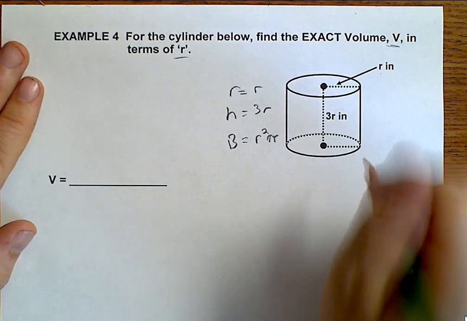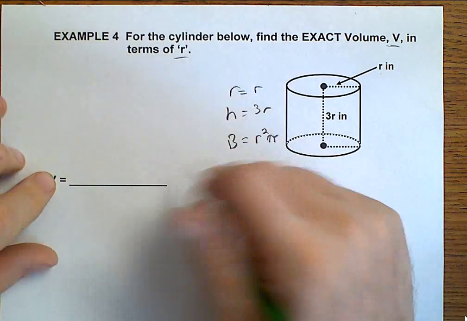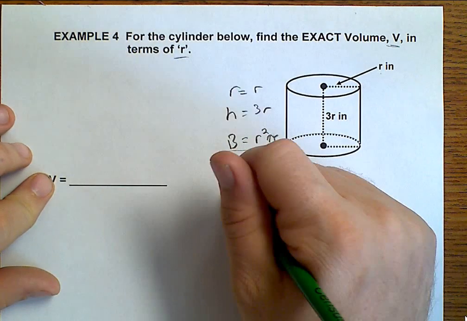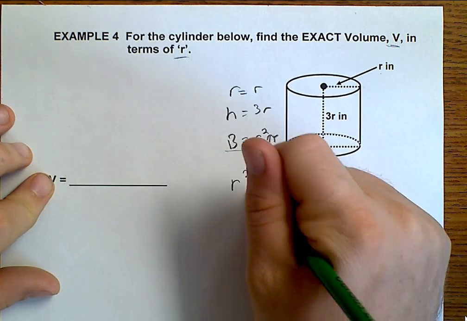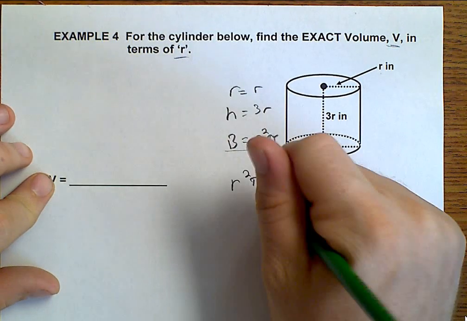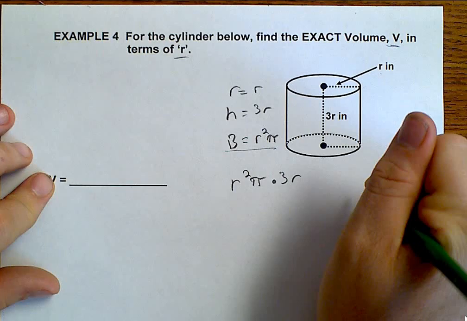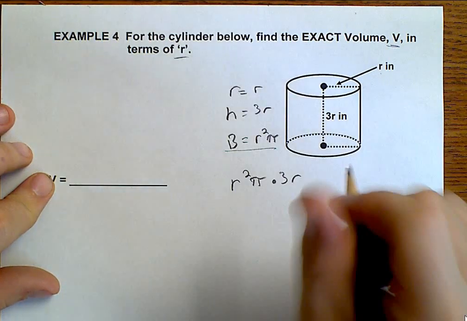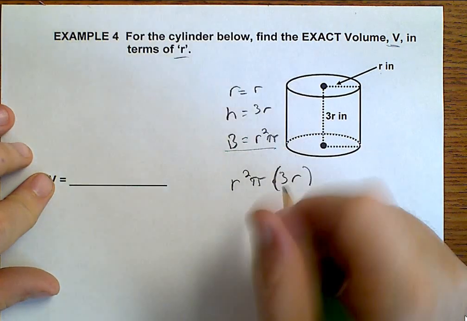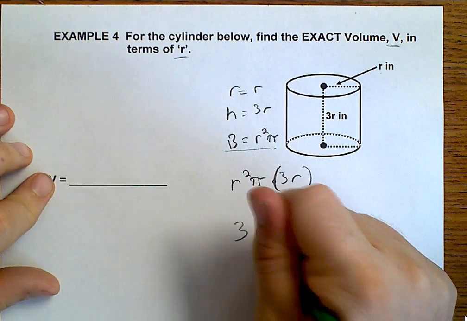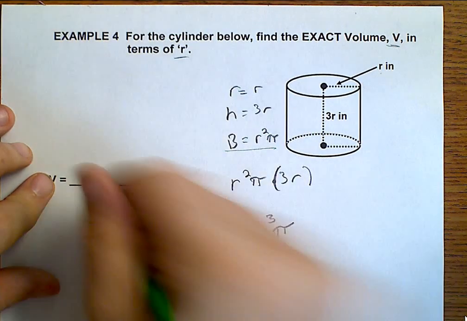So, for my volume, I need the base, which is R squared pi, times my height, 3R. Well, that gives me 3R cubed pi.